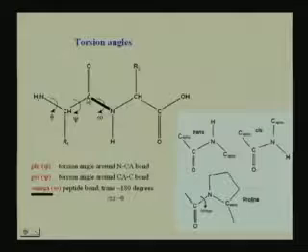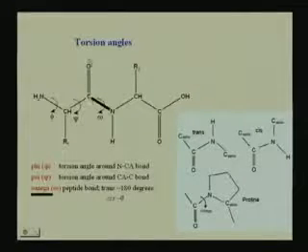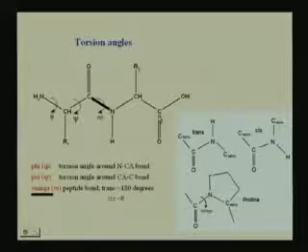I have to have two planes, planes that contain atoms number 1, 2, 3 and another plane that contains atom numbers 2, 3, 4. So, here I have my C, N, C alpha, C. That is how you define a phi angle.